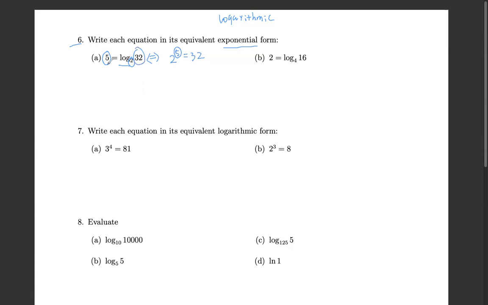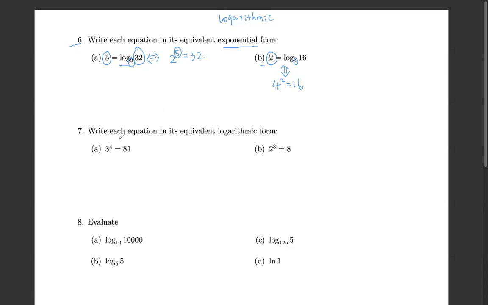So you see 2 raised to 5 equals 32. And if we go to B, we see 4 raised to 2 equals 16. So what is log? Log is basically rewriting the exponential equation, emphasizing the exponent. So these are equivalent, okay? Those two are equivalent expressions.